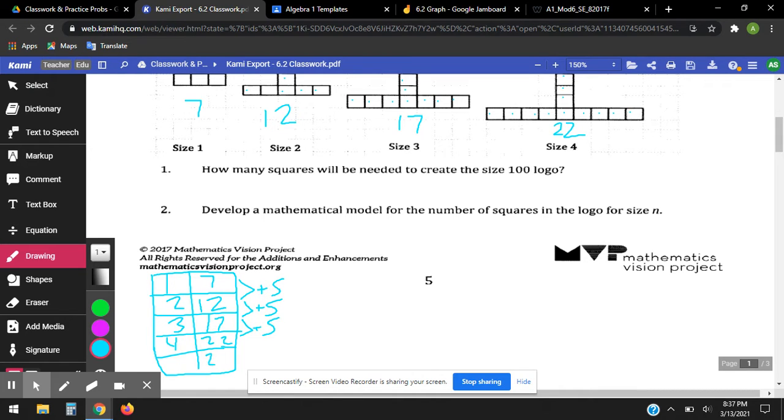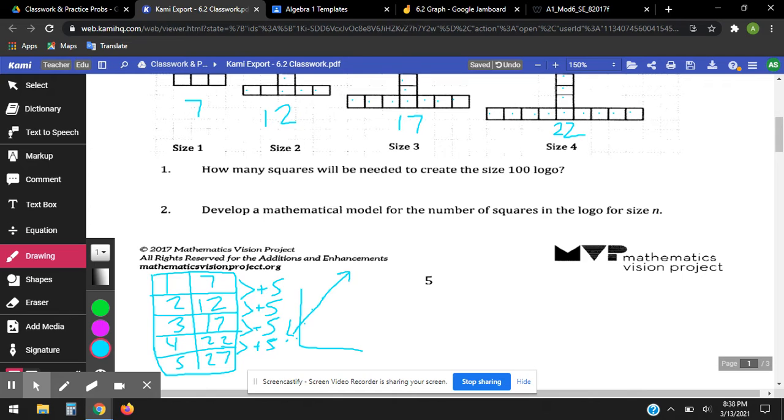So the fifth one would be 27, which means I should have what kind of graph? If we have a common difference of 5, this should be a line, right? One would be 7, 12, and we're just going in a line like this.